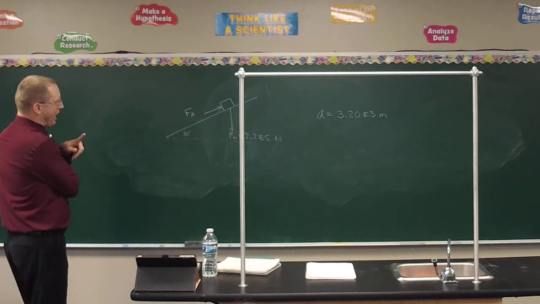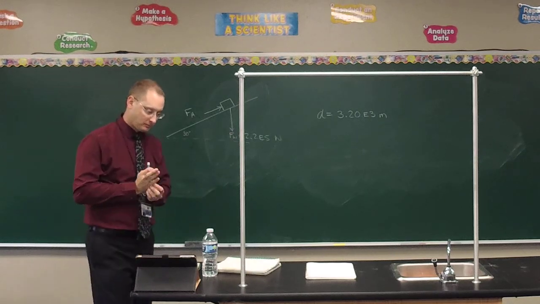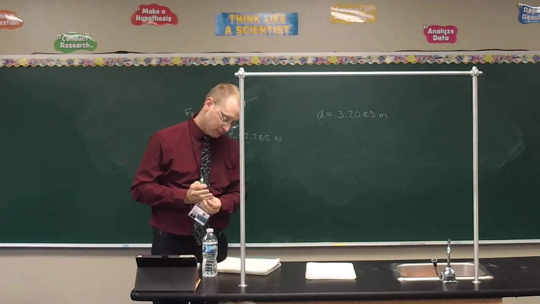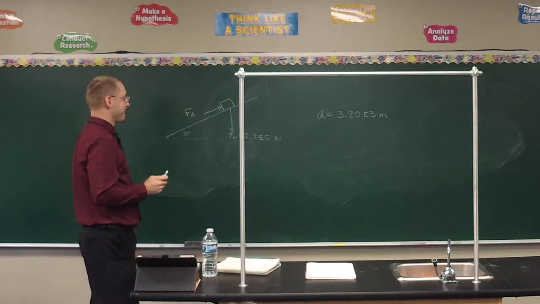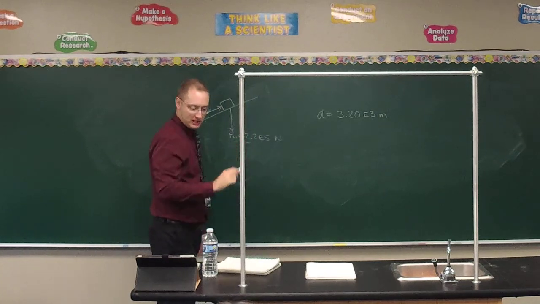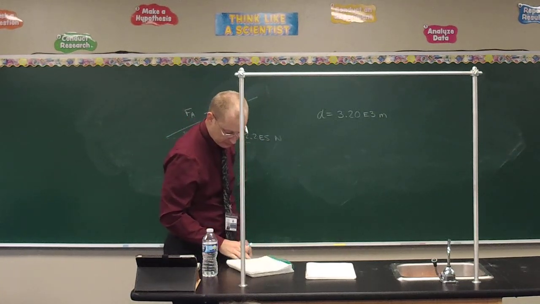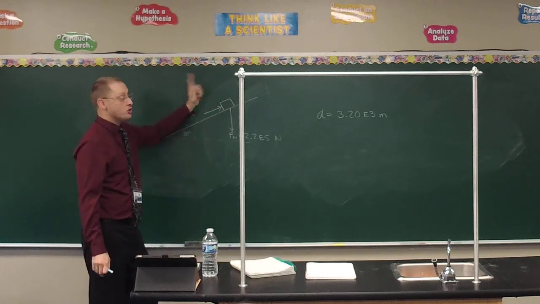But there's more than just weight and an applied force of the locomotive, class. What other forces are in play? Friction. There would be some degree of frictional force unless it says to ignore friction. Ignore it. Oh boy, so we don't have to worry about friction, which means we don't have to worry about normal force.